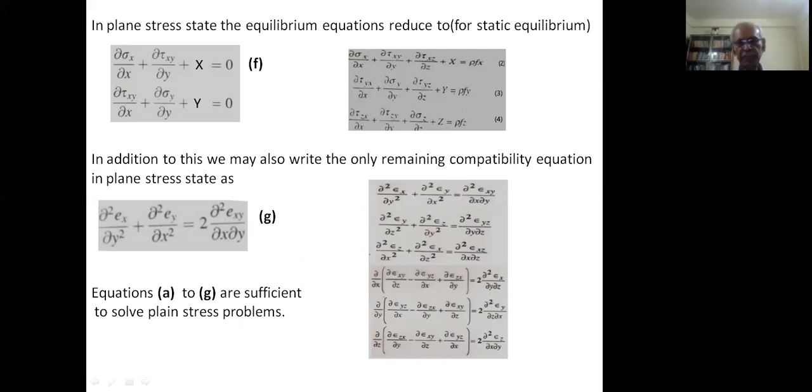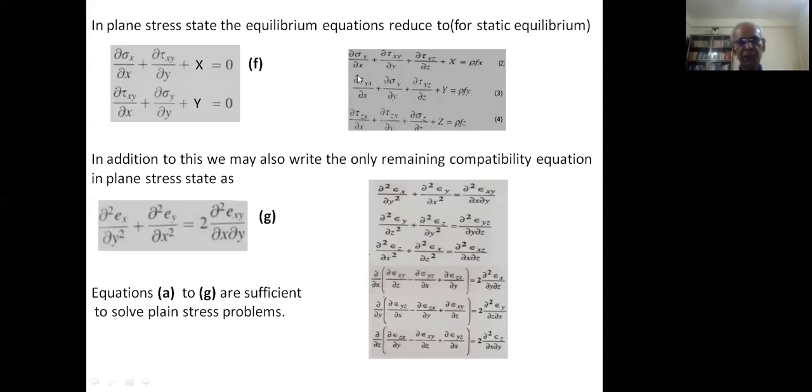But if we take static equilibrium, this part will not be there. So we have got 0 on the right hand side. And also we put sigma z 0, tau xz 0, tau yz 0, and any variation with z is also 0.